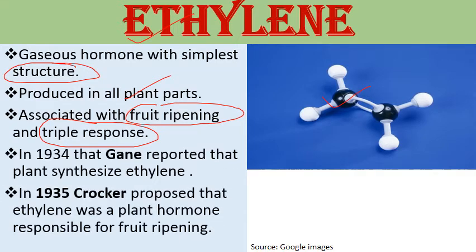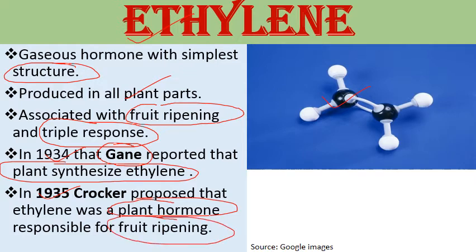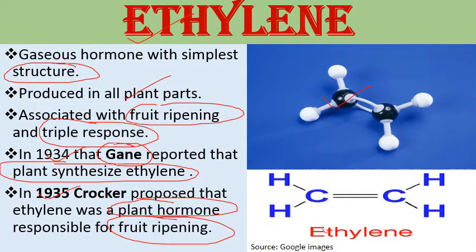It was first observed by Gane in 1934 that plants synthesize this gaseous hormone ethylene. In 1935, Crocker proposed that ethylene was a plant hormone responsible for fruit ripening. These are the two scientists associated with the discovery and role of ethylene. This is the simplest structure of ethylene.